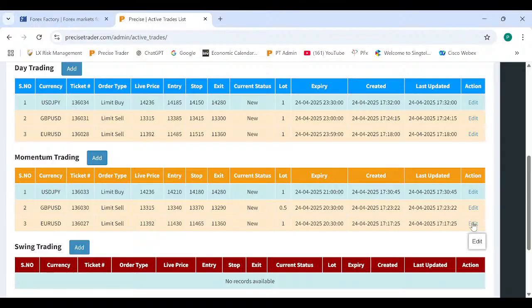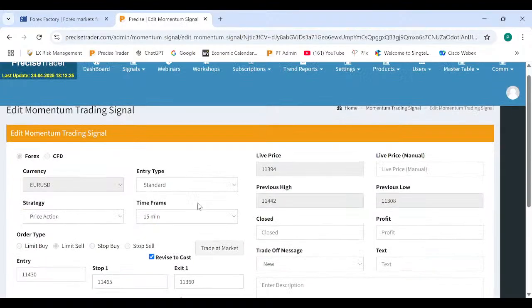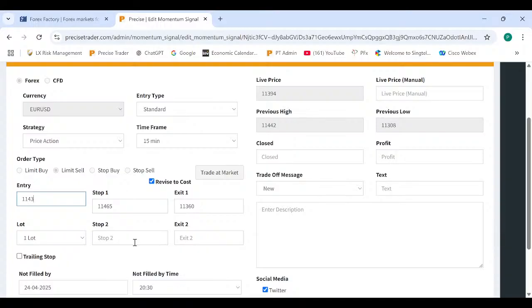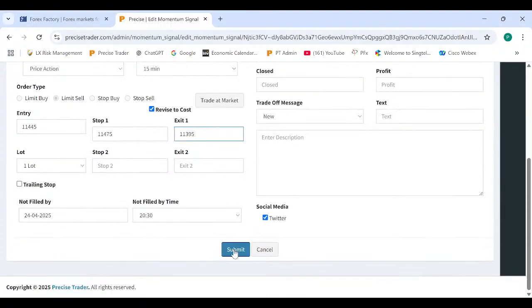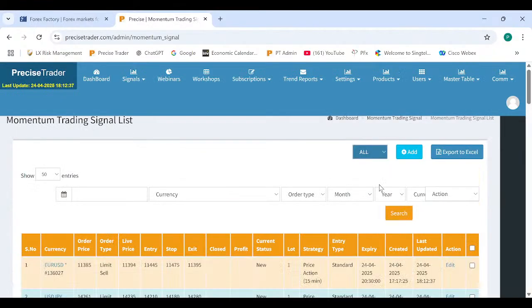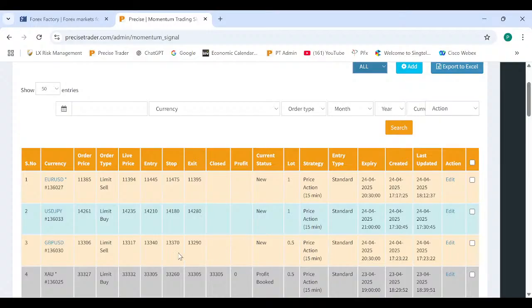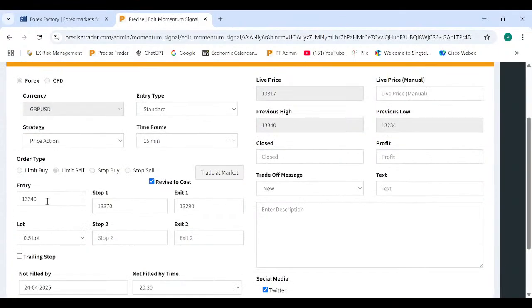So this one, the euro dollar, we'll try to raise by 15 pips. Then pound also we will try to raise by 15 pips.